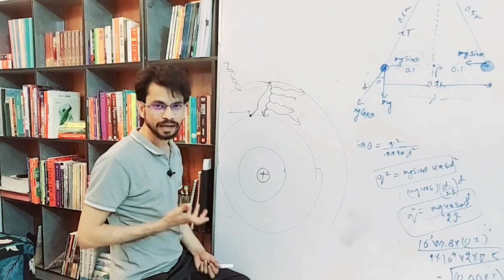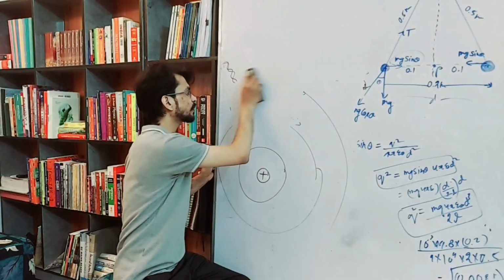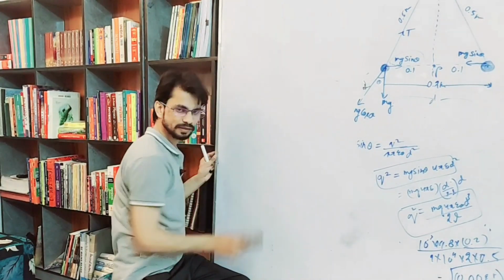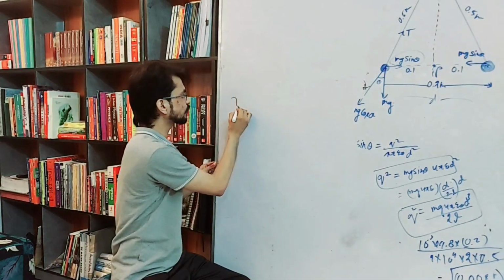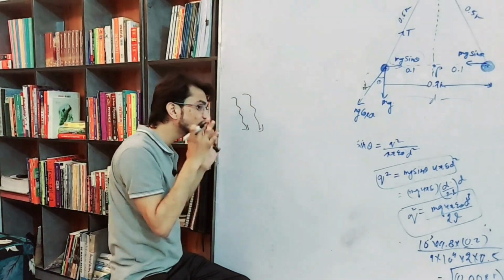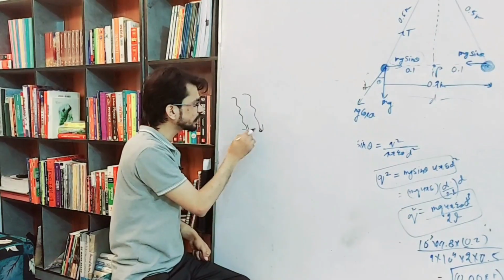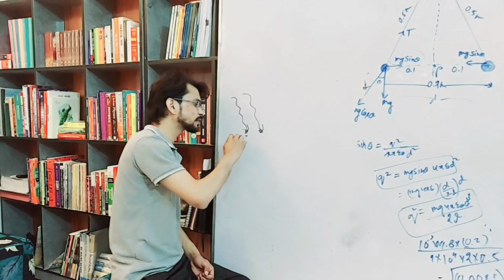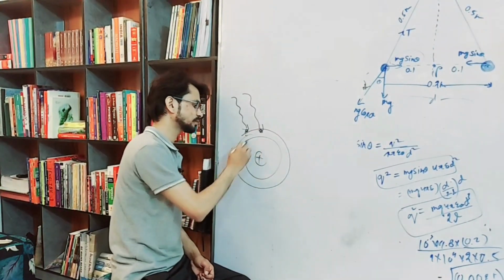For example, a black body. So what exactly does the black body do with the light? Whenever these photons fall over the black body, all the photons are completely absorbed by the electrons of the black body atom.